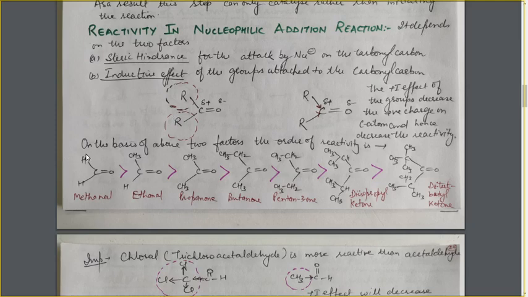Let's see, we have taken an order of reactivity of different compounds in this reaction on the basis of these two factors. Yes, first compound is methanal. It is most reactive, and this is ditertiary butyl ketone. It is least reactive.